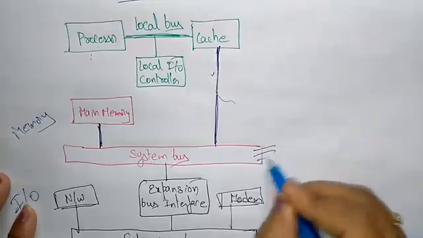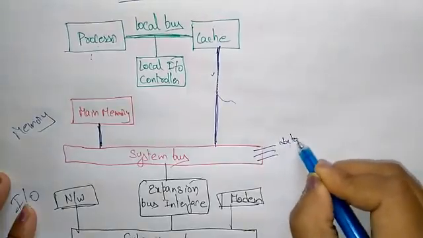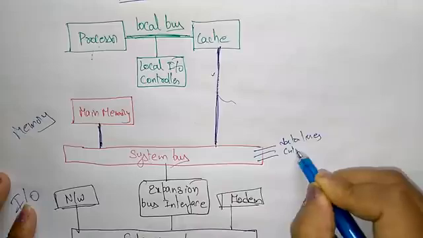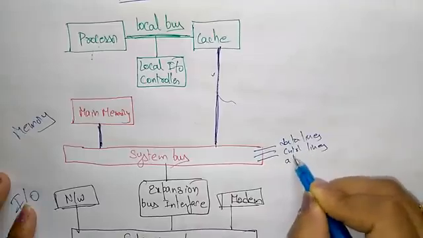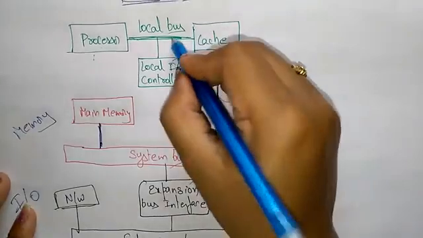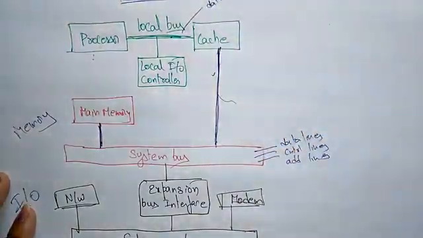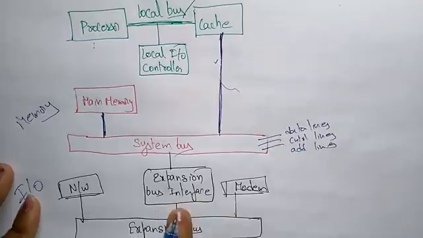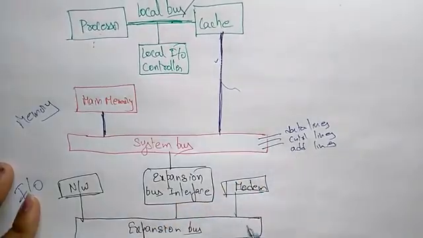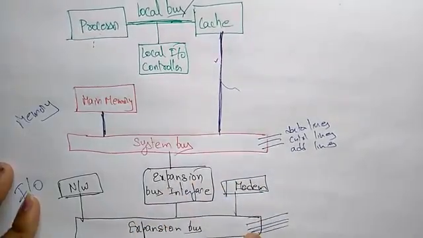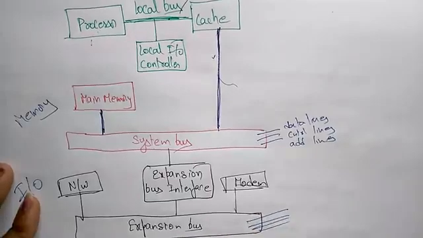The system bus consists of data lines, control lines and address lines. In the same way, the local bus also has data, control and address lines. The expansion bus is also having all these three lines.